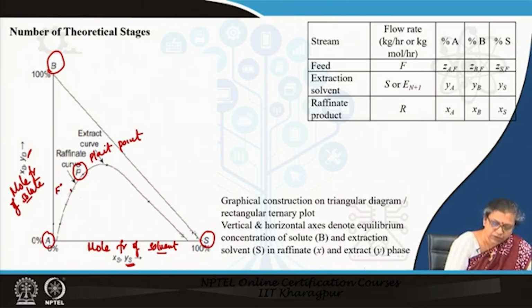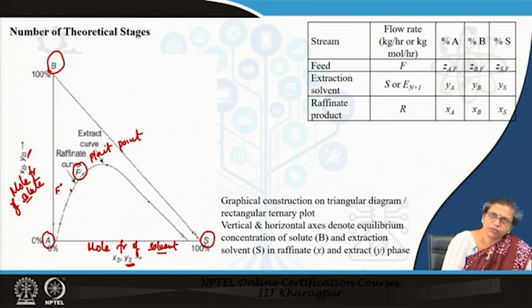Same thing, you need to locate the solvent point. If you are dealing with completely pure solvent, free of solute as well as A, which generally does not happen, because we will always have some amount of recycled and recovered solvent, but it can happen when the feed solvent and the extraction solvent are completely immiscible. So, whatever small amount of A is there in S, we can neglect it.